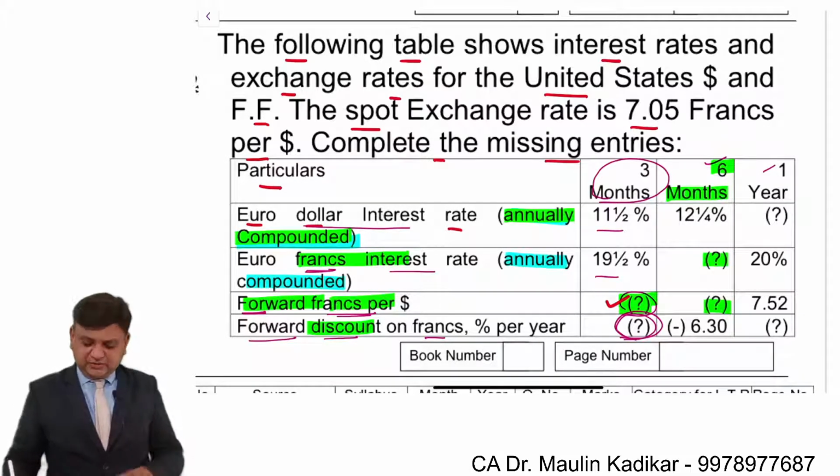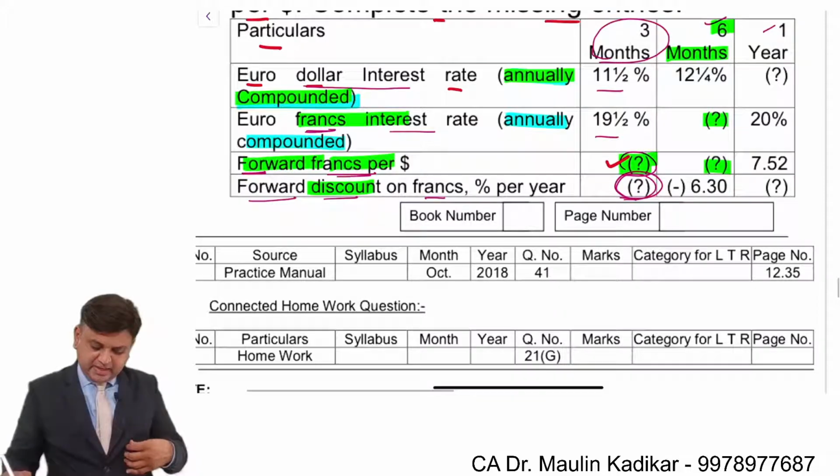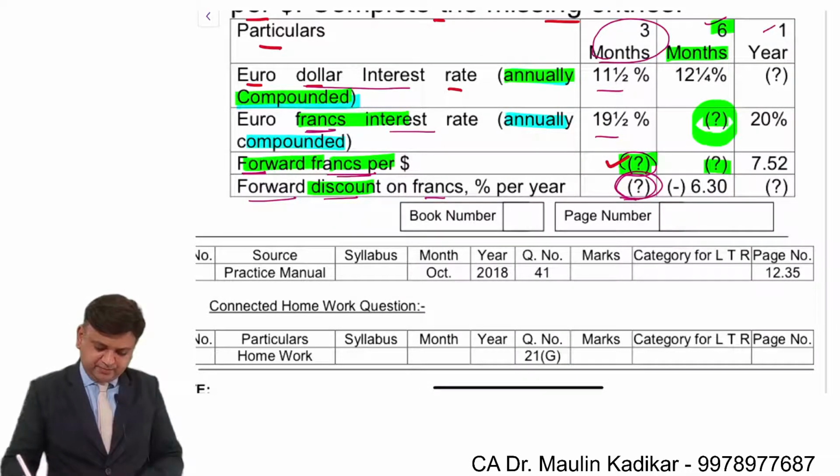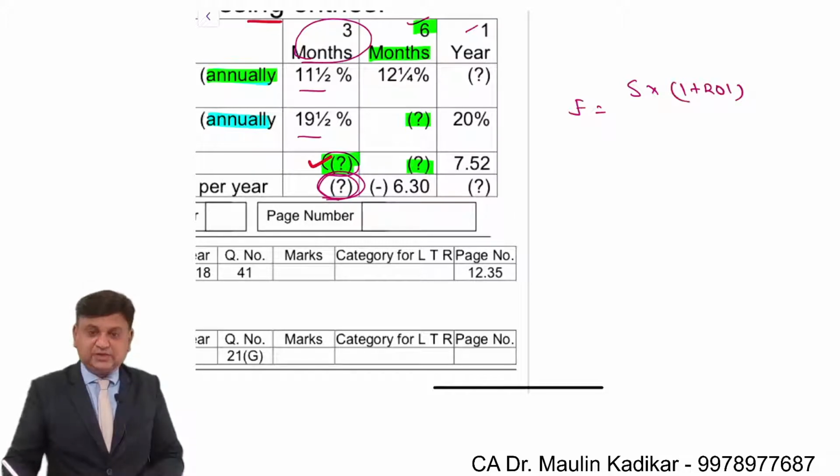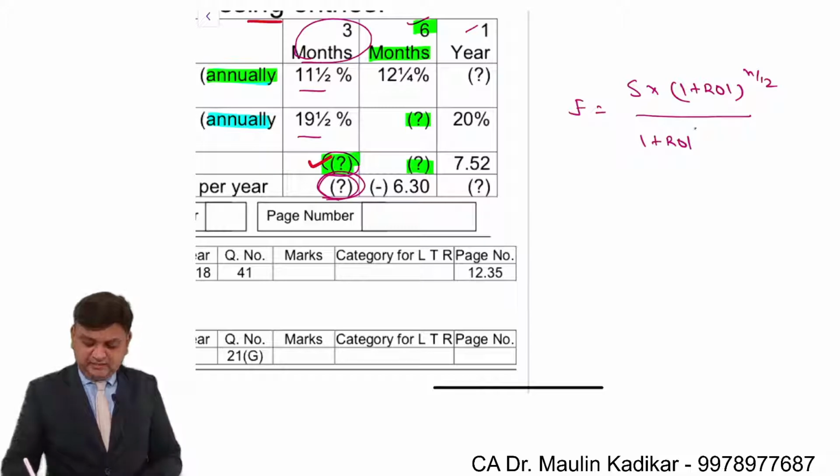Now friends, in case of 6 months, calculation of the rate of interest of the French franc currency is not possible, because for that we have to use the formula: forward is equal to spot into 1 plus rate of interest for left hand side currency raised to n divided by 12, divided by 1 plus rate of interest for right hand side currency raised to n by 12.